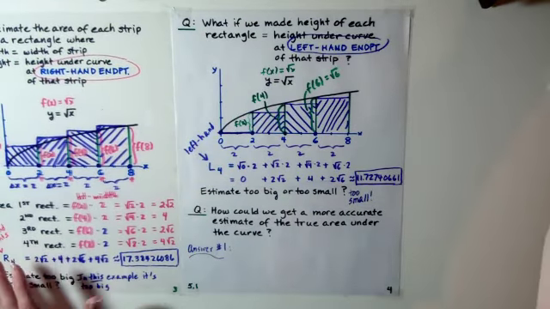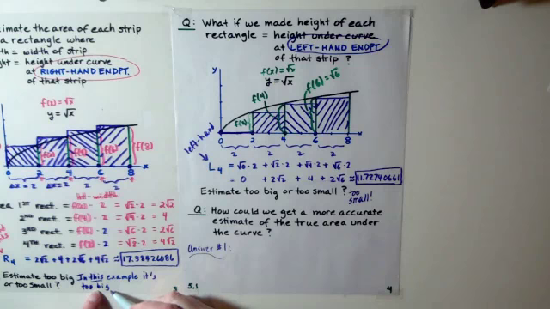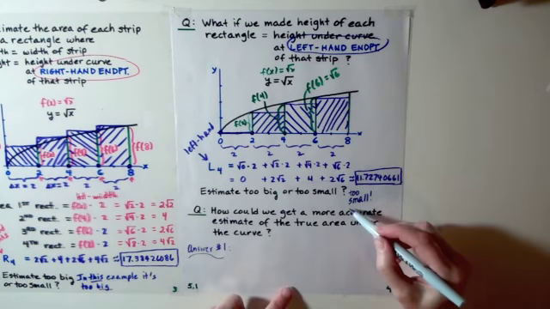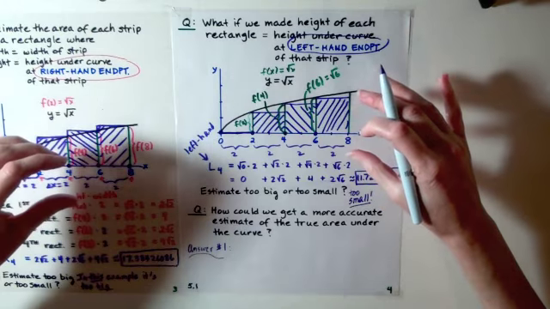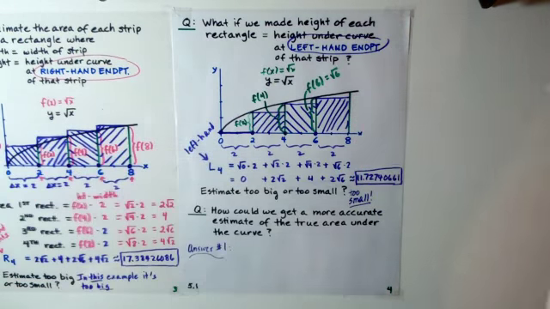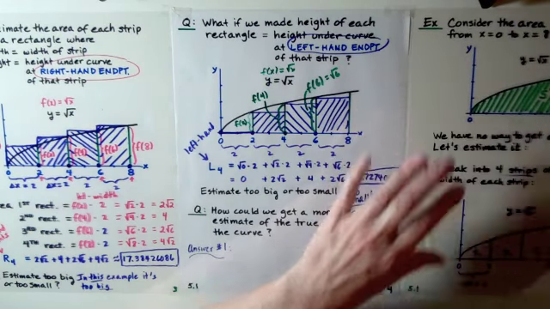So if we go back over here, here was our estimate that we knew was too big, and here's our estimate that we know is too small. What if we average those together? We ought to get something that's sort of in between and would be closer to that true green area of the curve. So let's go ahead and do that.